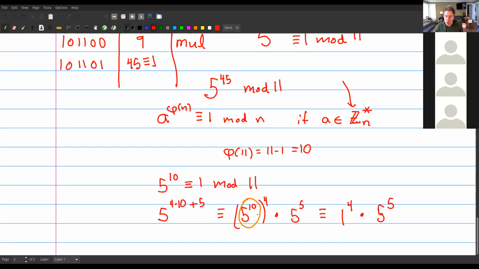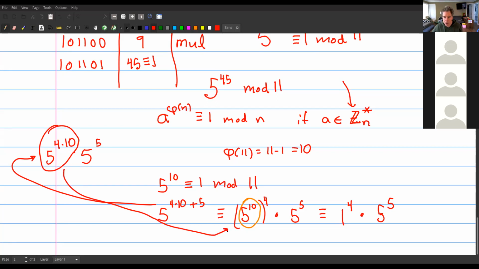So this is the same thing as 5 to the 4 times 10 times 5 to the 5. And then from this expression, I factored out the 4. Oh, okay, I got you. And now 5 to the 10 is 1, so this just becomes 1 to the 4th. So this is 5 to the 5.